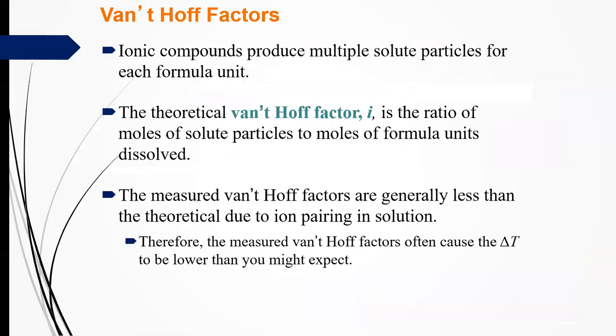Now, there is a corresponding factor with this, and it's called the Van't Hoff factor. Because we're concerned with the amount of particles of solute, the Van't Hoff factor takes into account that ionic compounds don't just dissolve, they dissociate.